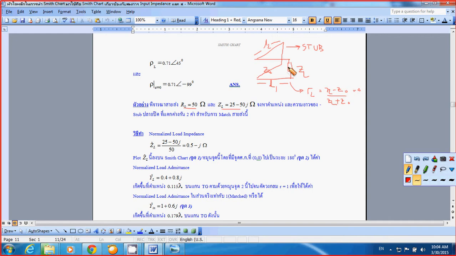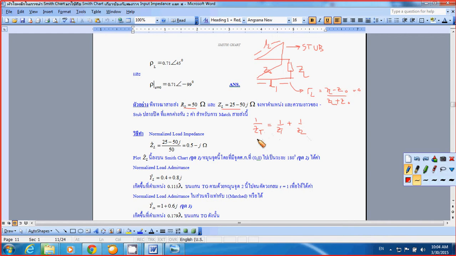let's say impedance in parallel, because you know that when you have impedance in parallel, your total impedance is going to be 1 over Z total equal to 1 over Z1 plus 1 over Z2, correct?